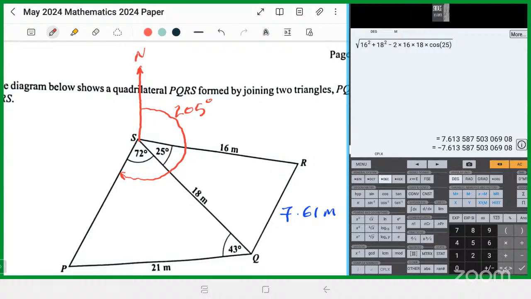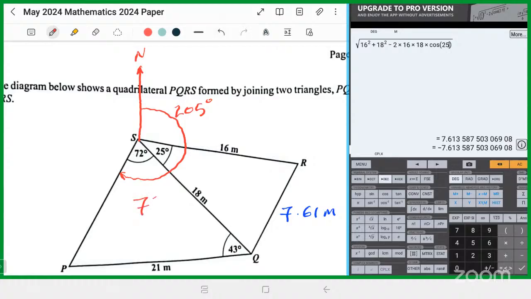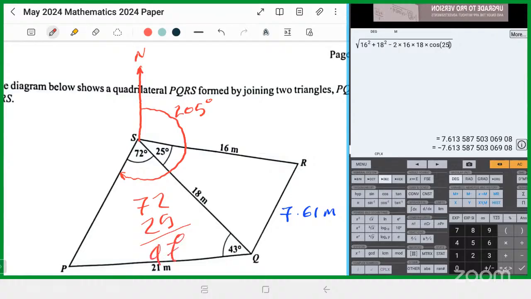So for example, since these two parts of that angle are known, what do they add to? They add to 97. That's 72 and 25. They add to 97 degrees. So in between here, we have a total of 97 degrees. And so the remaining angle inside here is 205 minus 97.